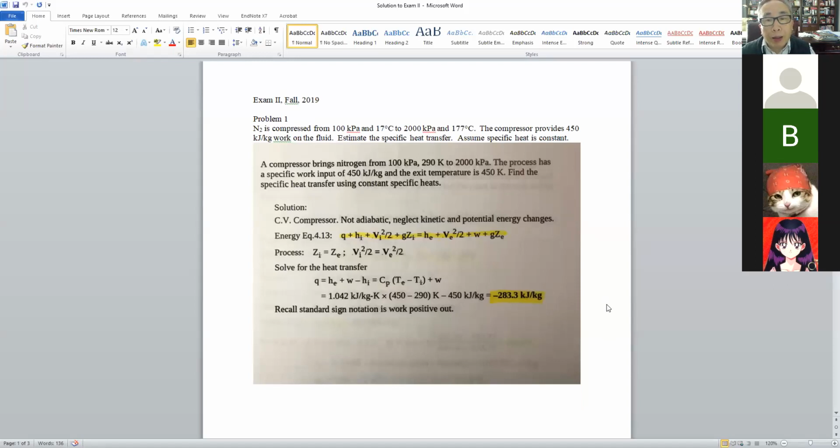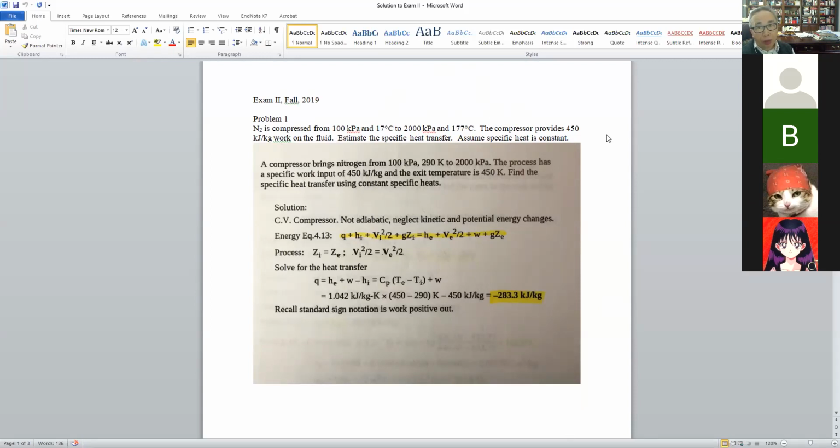Now, you already have the problem sheet. Here we have a compressor. Nitrogen is the gas. The inlet stream is fully defined because we know the temperature and the pressure. The exiting stream is fully given. And we know how much work is done on the fluid by the compressor.